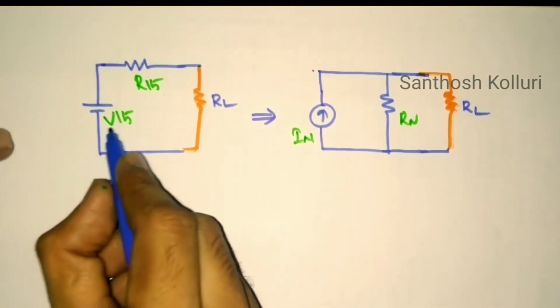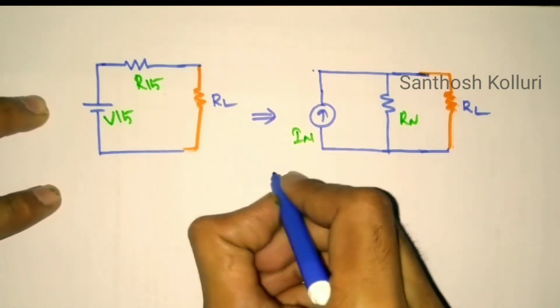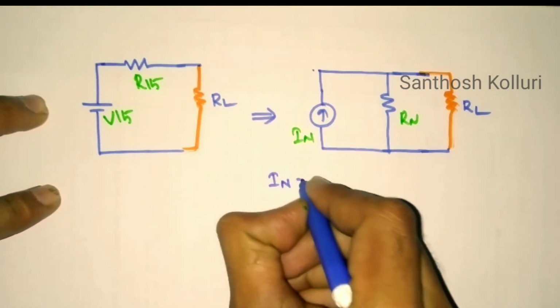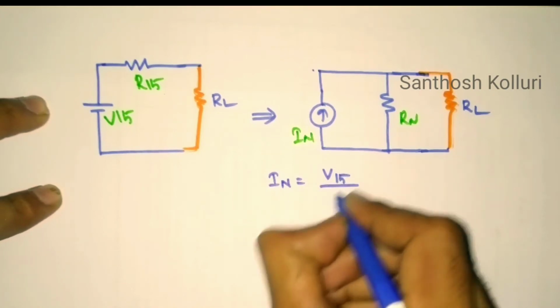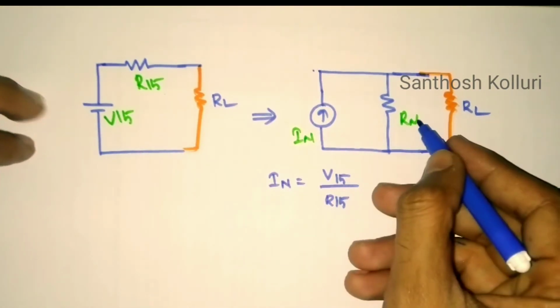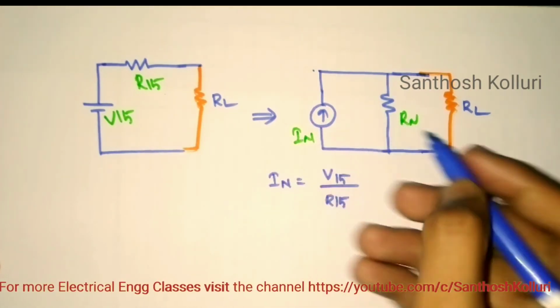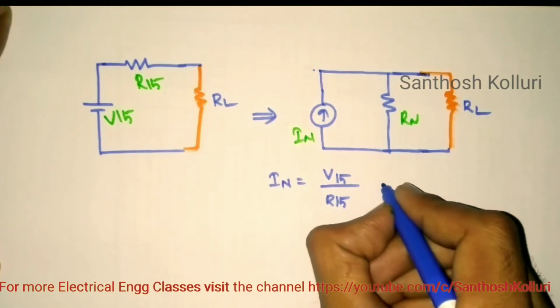While converting a voltage source into a current source, we are using Ohm's law. IN is equal to VTH by RTH, and the value of RTH will be the same when you convert it to a current source. Is it correct or not? Let us see.